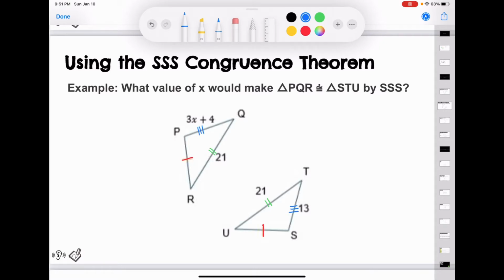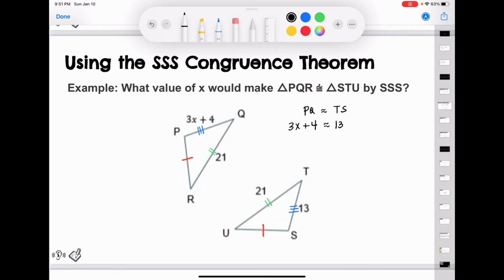We're being asked to find what value of x would make these triangles congruent to each other. Well, as you can see here, we are given a bit of information about each side length. We are told that PQ is congruent to TS, where PQ is represented by 3x plus 4 and TS is represented by 13.